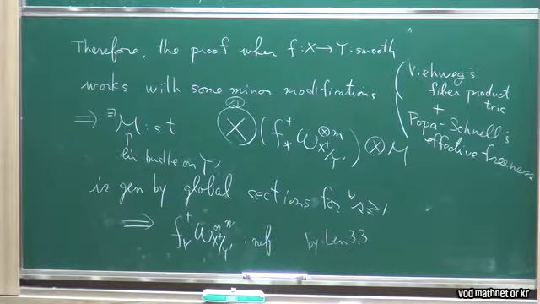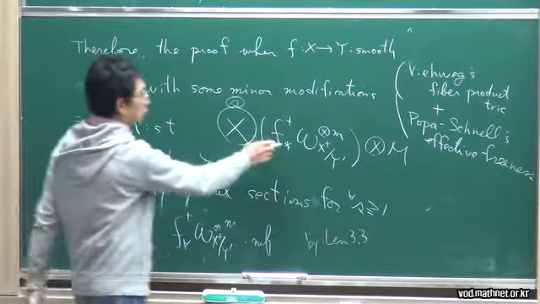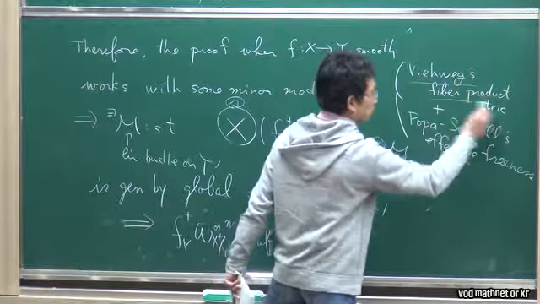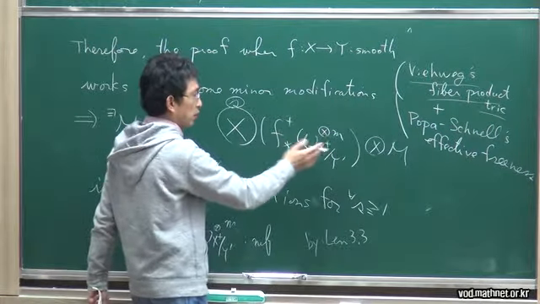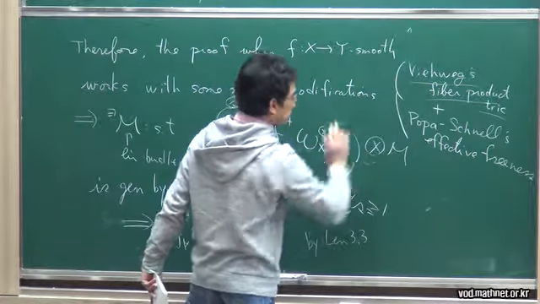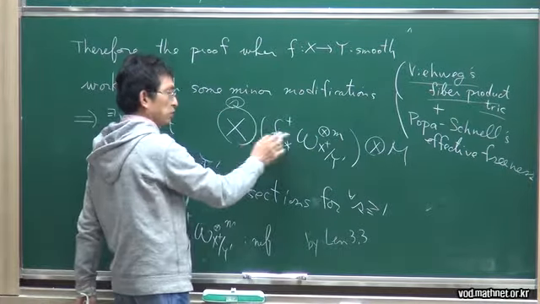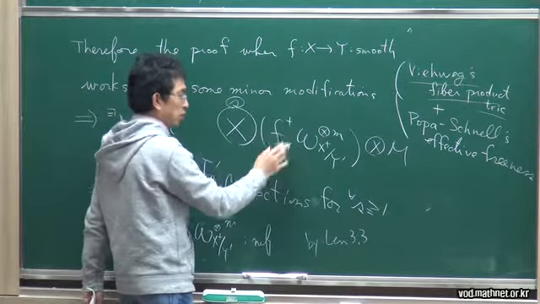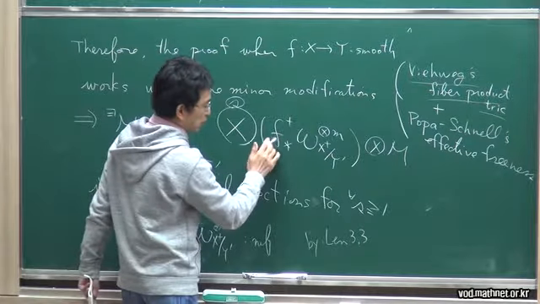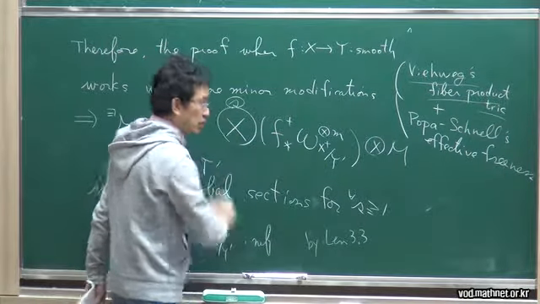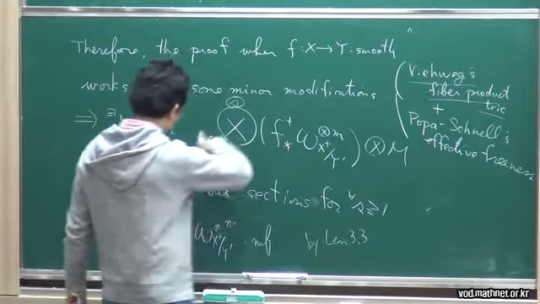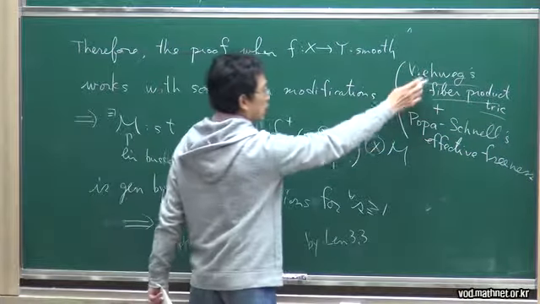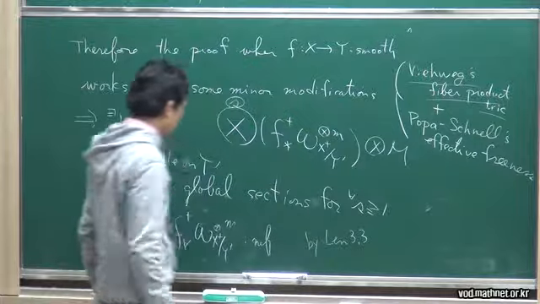In order to apply the fiber product trick, we need the local freeness of this one. So in this fiber product trick, we repeatedly use the projection formula. So we need to know this is locally free. Okay, once we know this is locally free, we can apply this result.